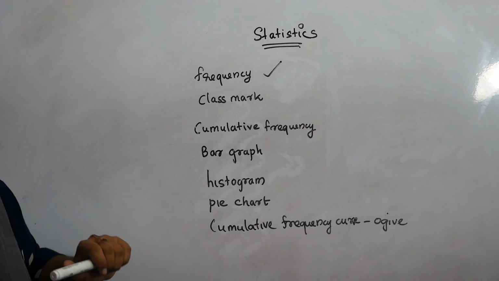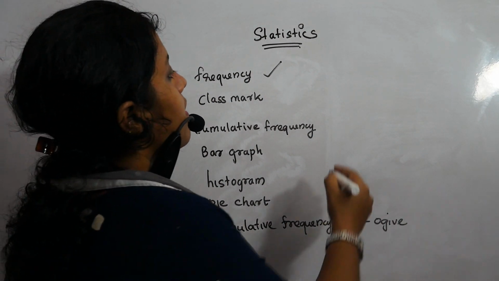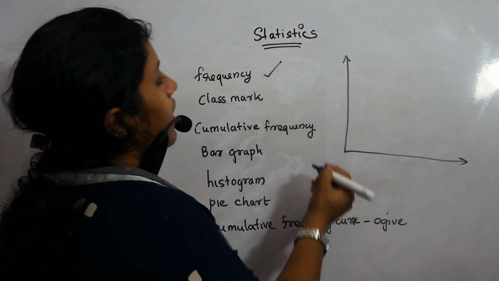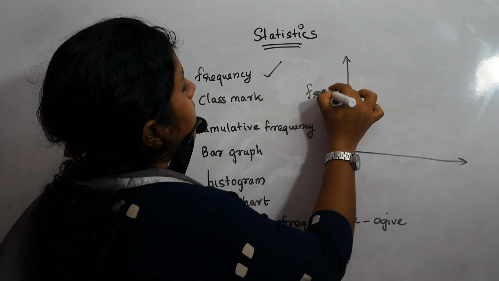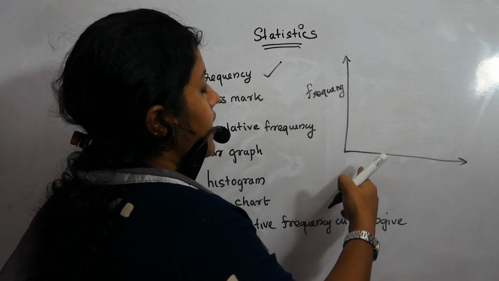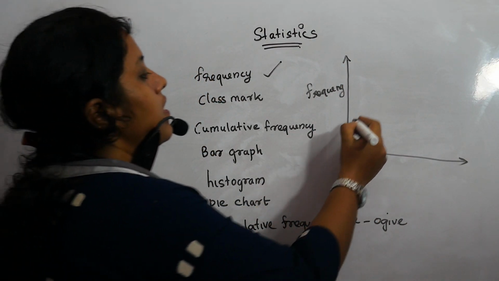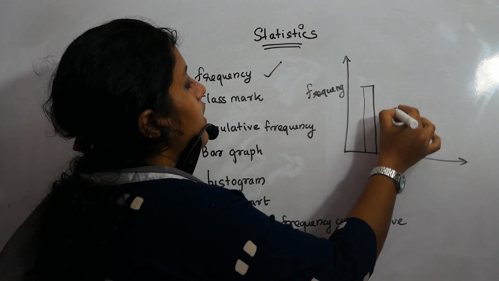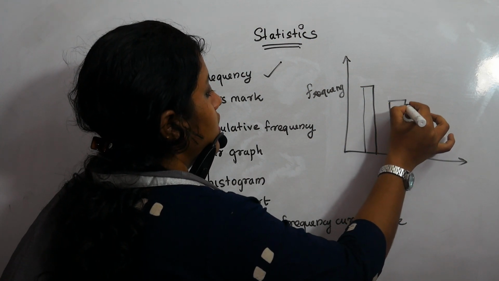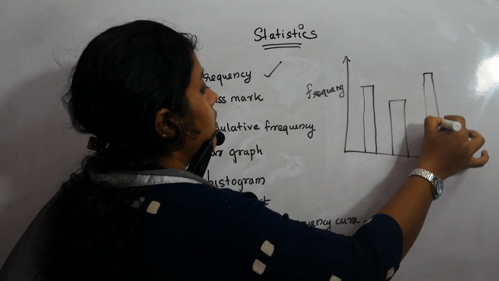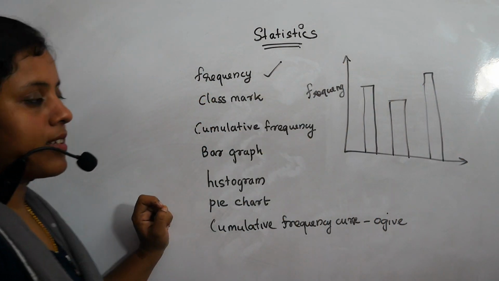So how does a bar graph look like? Suppose we have x and y axes. Here we are plotting frequency, and here we are representing different things, like the number of people driving cars, the number of people driving scooters, and the number of people driving bicycles.